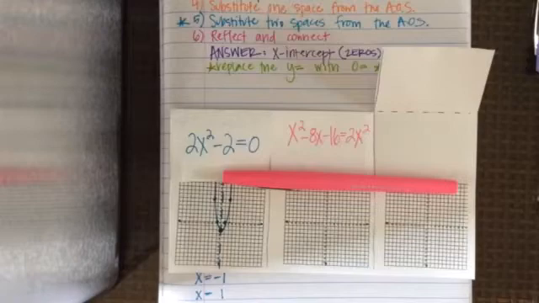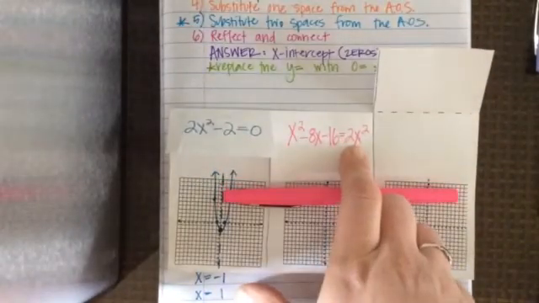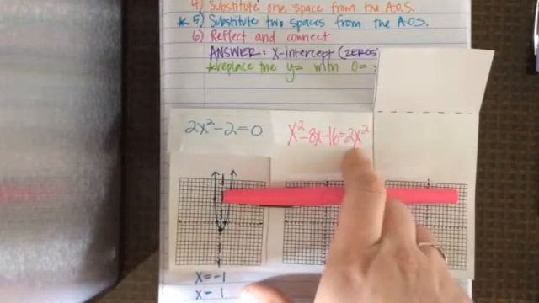So this problem does not say y equals, and it does not say 0 equals, but I can make it say 0 equals. If I take this 2x squared and subtract it, 2x squared minus 2x squared, I'm going to get 0.